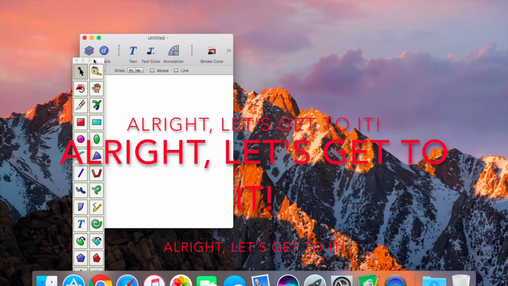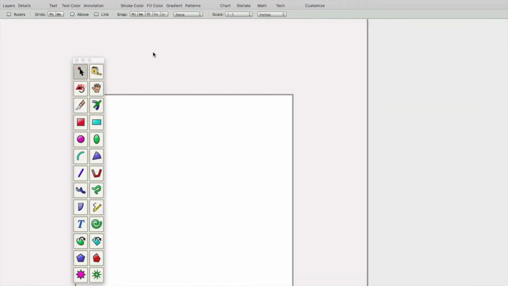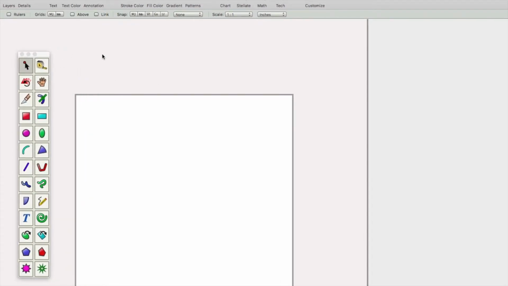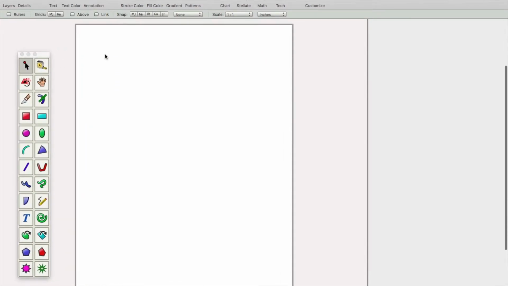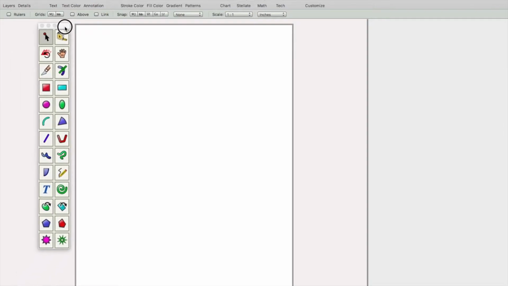Alright, so I downloaded this little Easy Draw app, so bear with me. It's my first time ever using it.